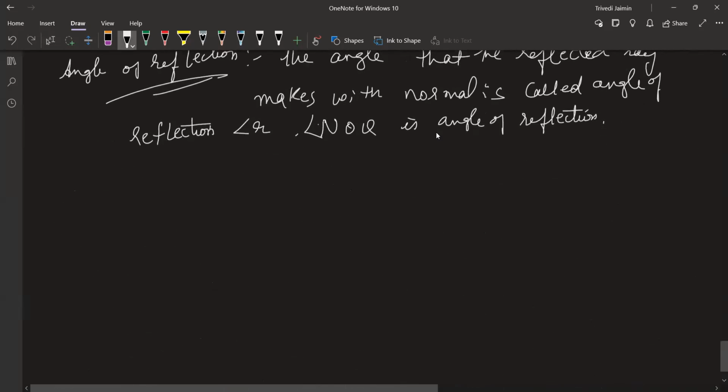Then let's study types of reflection. Before that, one more thing. Plane of incidence. This is actually important. It's not related to our chapter, but it's important for clearing some concepts when we are doing numericals, since we need some surface reference.